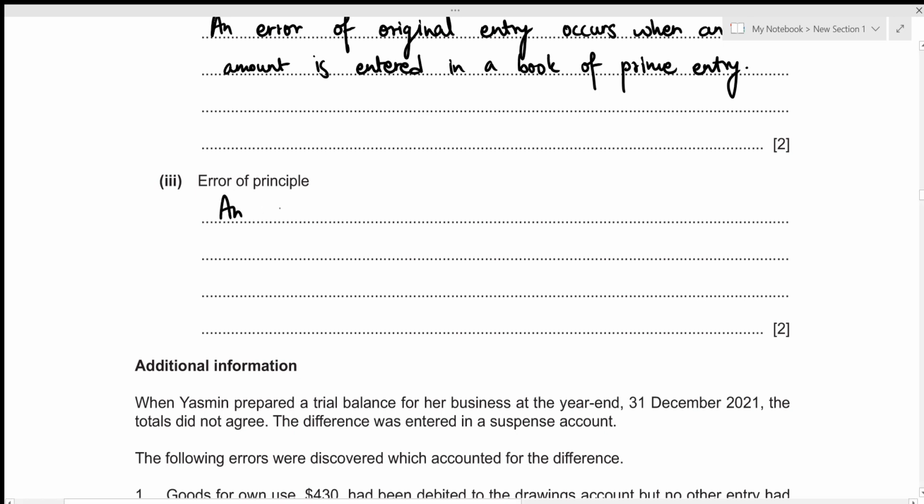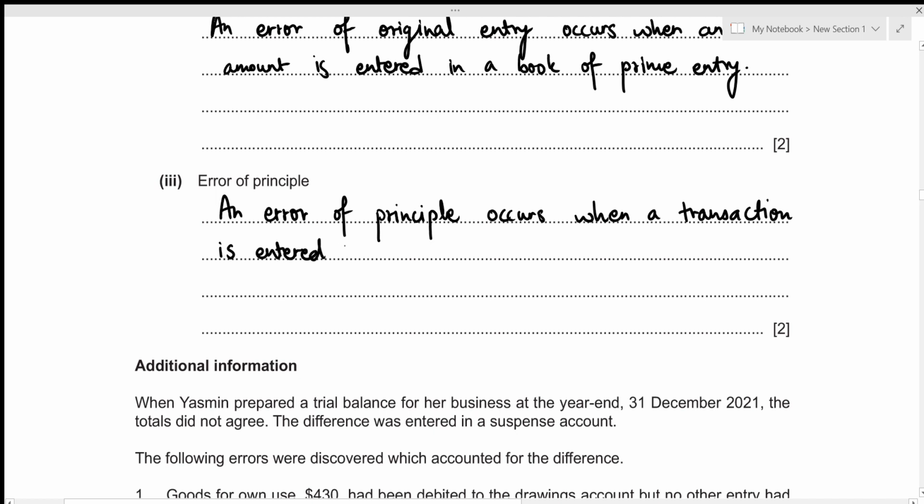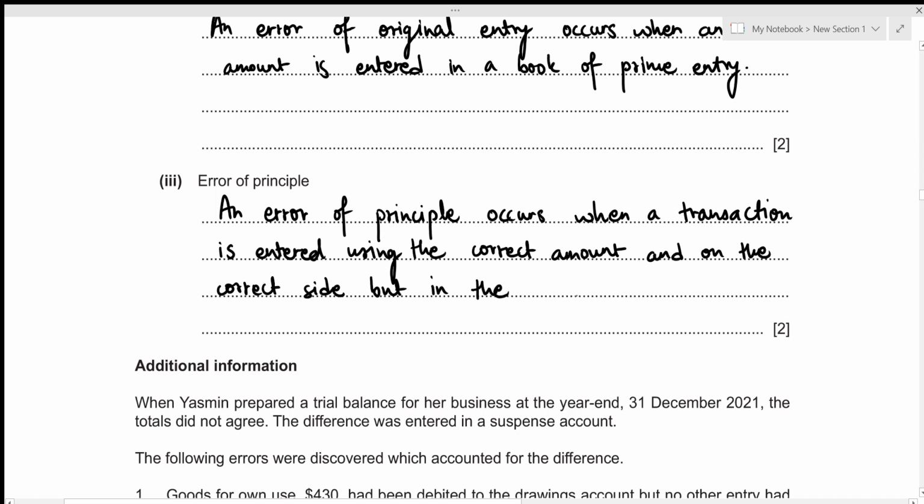An error of principle occurs when a transaction is entered using the correct amount and on the correct side, but in the wrong class of account. Let's write it down. An error of principle occurs when a transaction is entered using the correct amount and on the correct side, but in the wrong class of account.